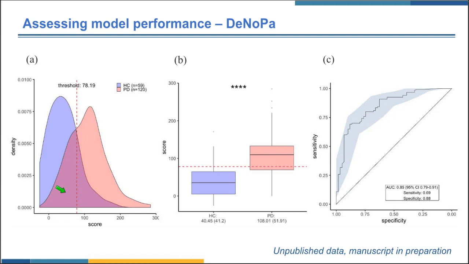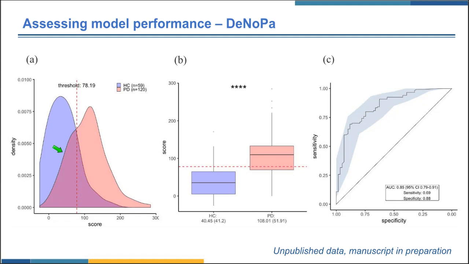We can see the same in the box plot here. Generally the PD patients have a higher score compared with the healthy controls. That's why this model can help us separate PD patients and healthy people.